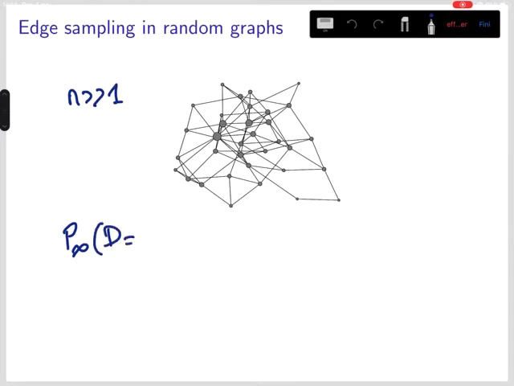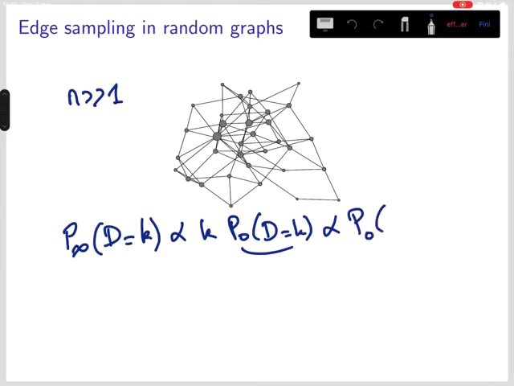So the bias distribution would be proportional to k times the original Poisson distribution, and this one is explicit. You can check that this is actually equal to the probability that d is equal to k, given that the degree is higher than 1. You cannot have a degree equal to 0 through edge sampling.